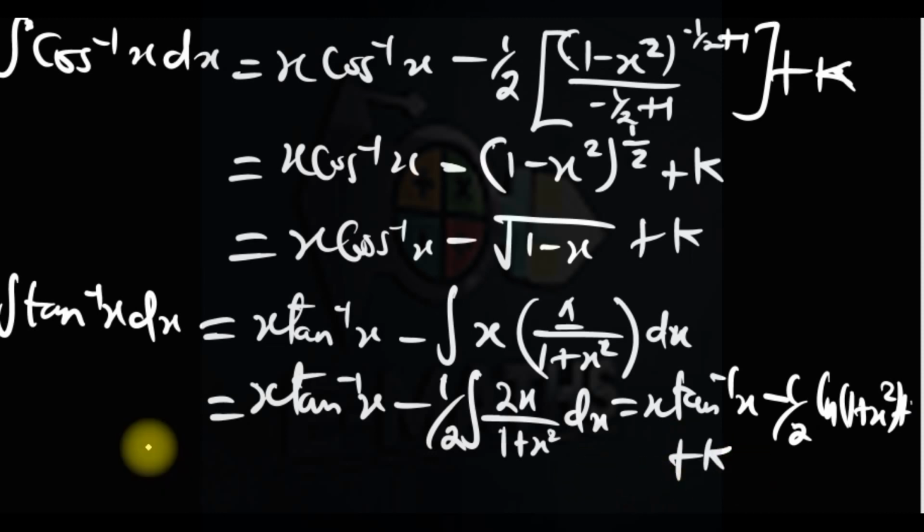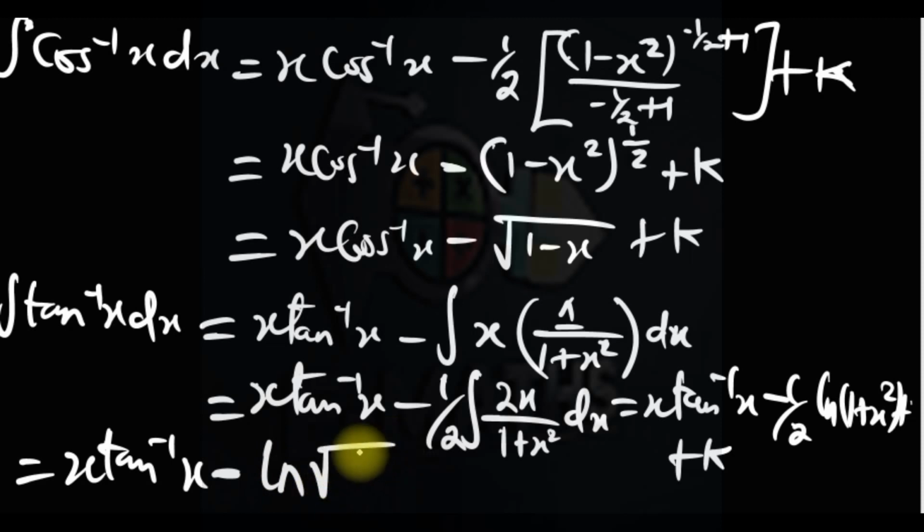We can still write this as x arc tan of x minus ln of 1 plus x squared raised to the power half, so we now have ln square root of 1 plus x squared plus k. Do you get? From laws of logarithm, we raise this to this power, which can be written as a square root. So that's the integral of arc tan of x.